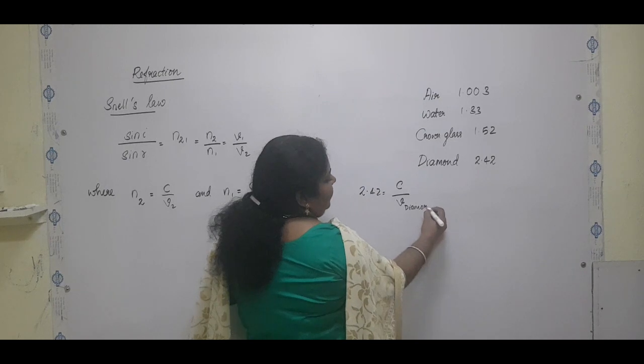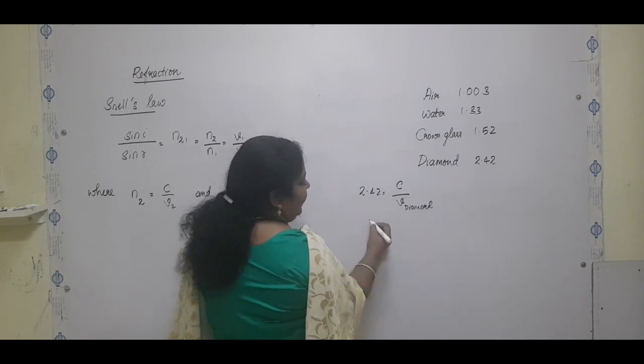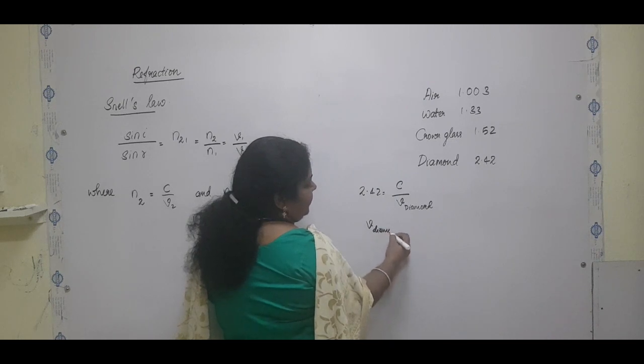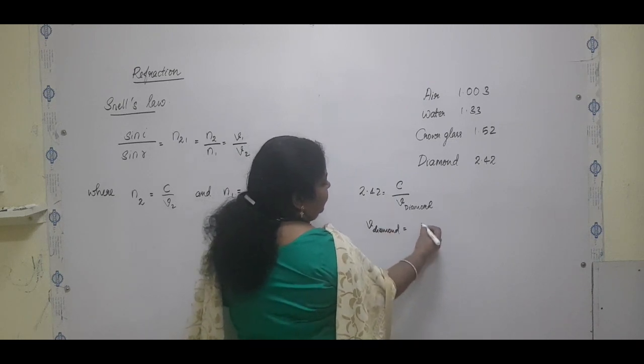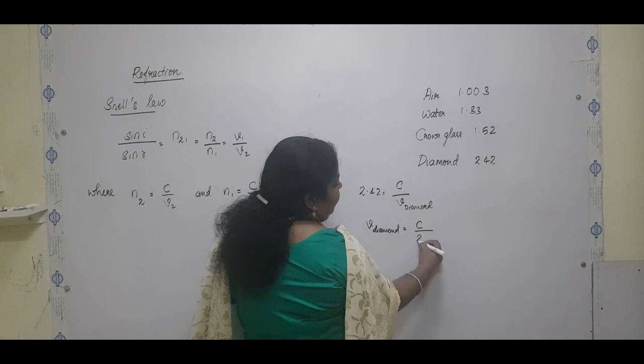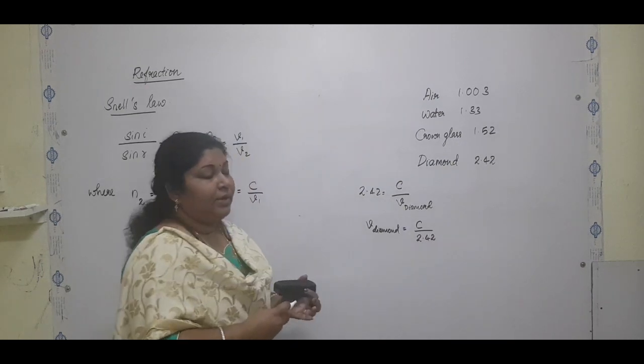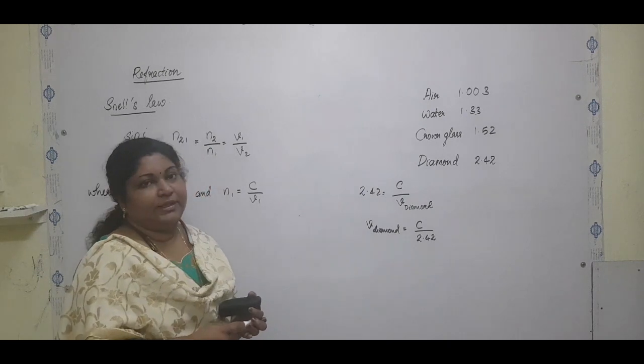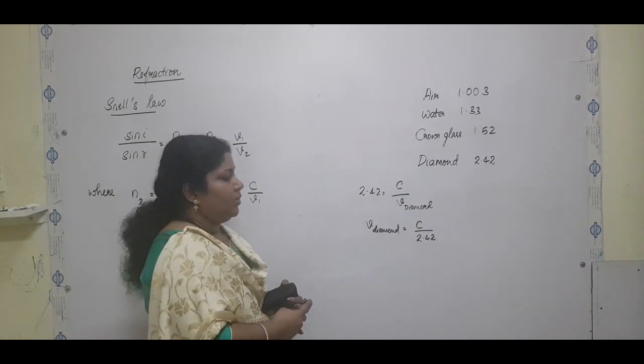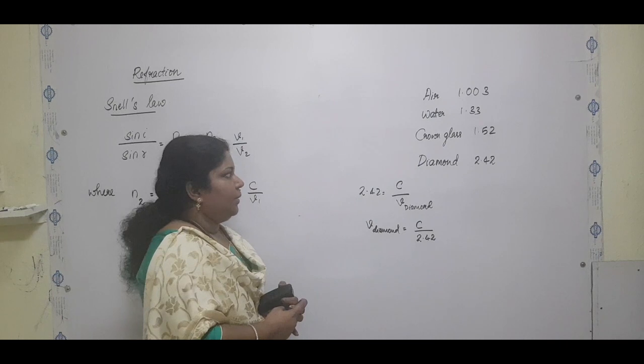Or we can write the speed of light in diamond is equal to c by 2.42. So it is 1 by 2.42 times the speed of light in air. So that is the speed in diamond.